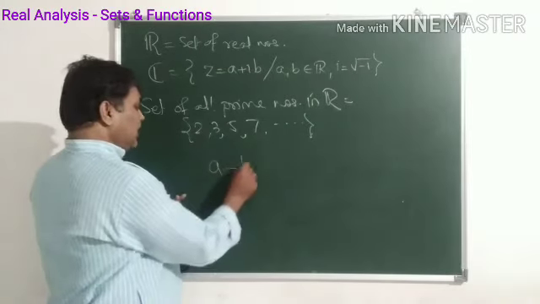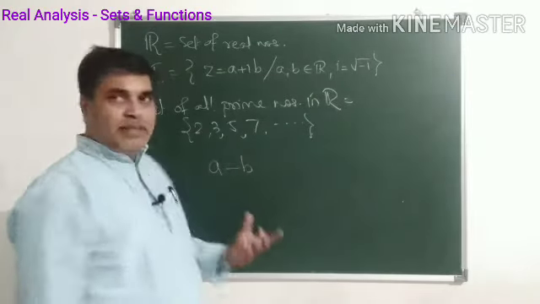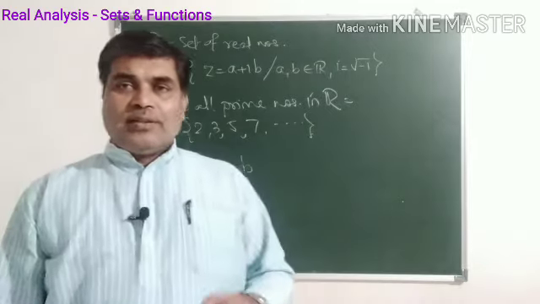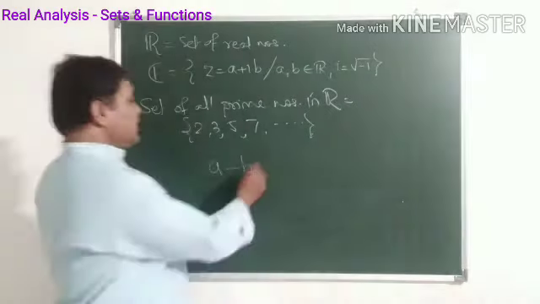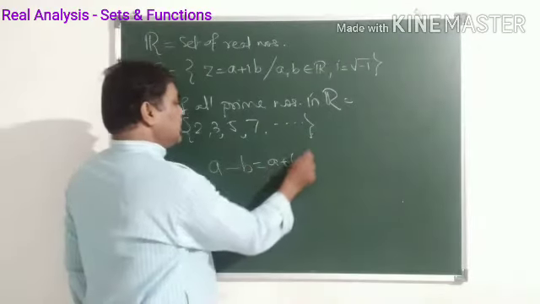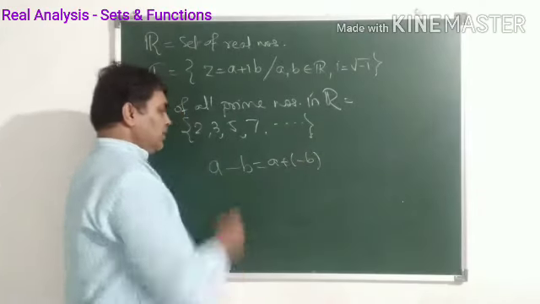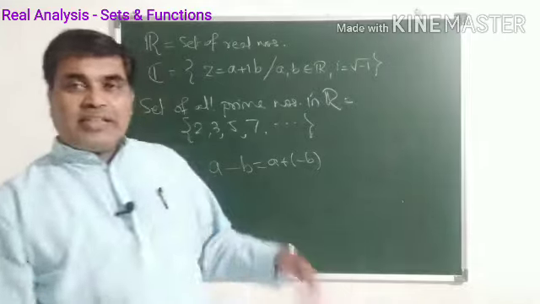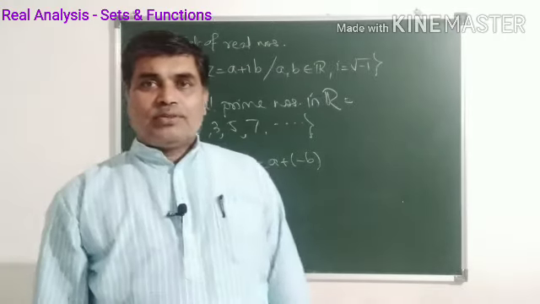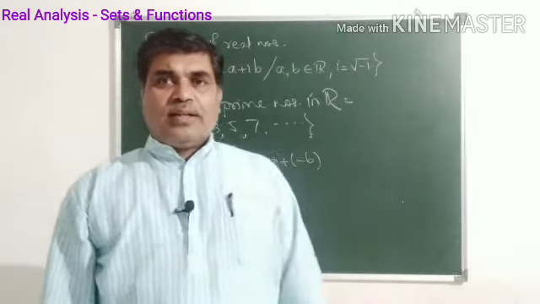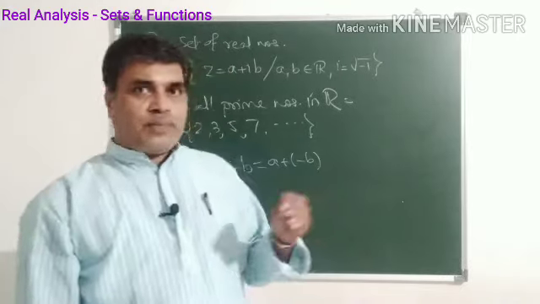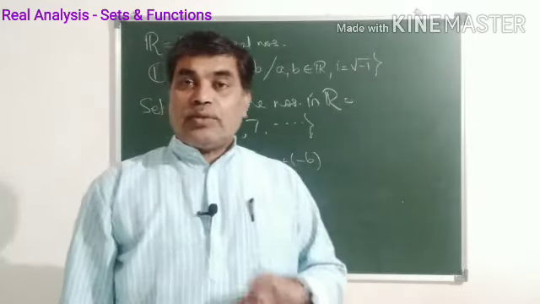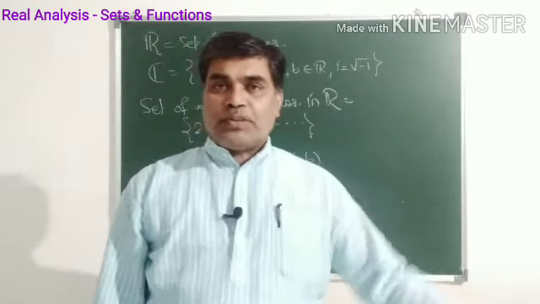If A and B are two real numbers, then A minus B is written as A plus minus B. It means I can write subtraction in terms of addition. Minus B is also a real number. So as it is possible to write the difference operation in terms of addition, that's why we are not studying the subtraction operation separately there.